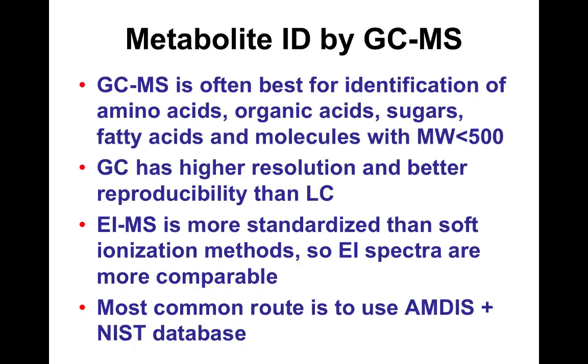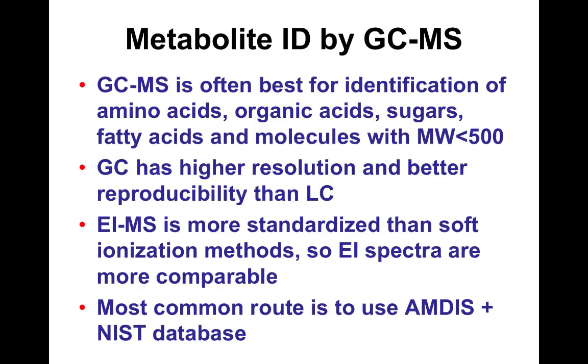Now, GCMS works for molecules that have a molecular weight less than about 500 or 600 Daltons. So that's a fairly severe limitation. It works really nicely for amino acids and organic acids and some sugars, some fatty acids. But it doesn't work for really hydrophobic molecules or for really heavy molecules.